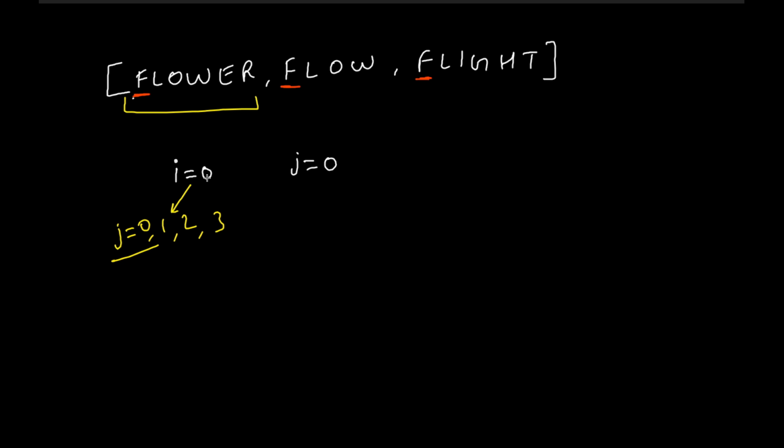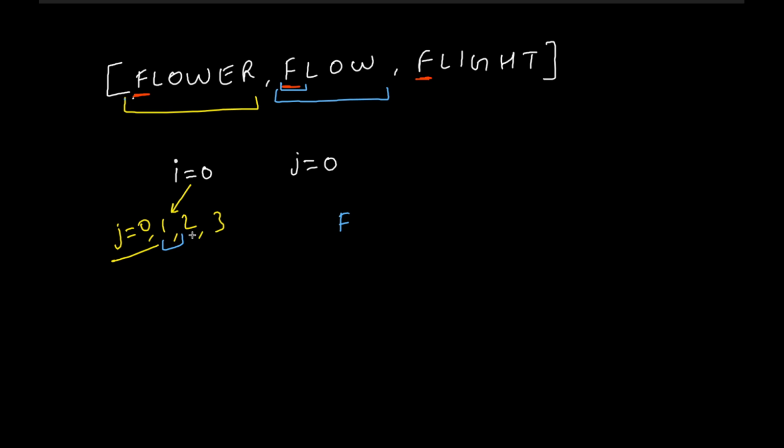So let's take the condition when i is 0 and j is also 0. So we have j 0 and i 0, which is f. Then i is 0 and j is 1 this time. j is 1 means this string, and i is 0 is also f, same as this f.